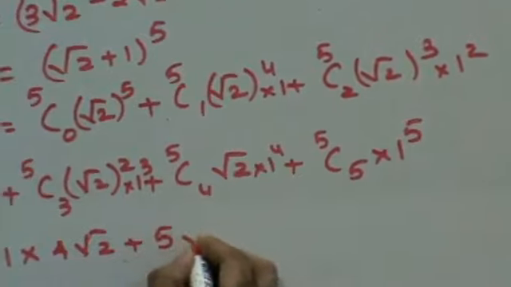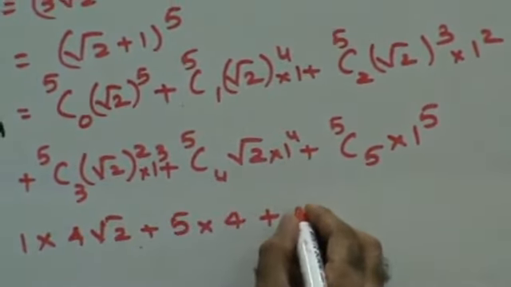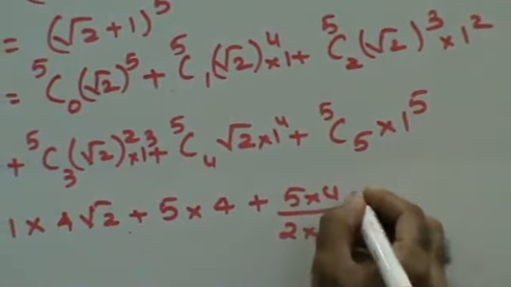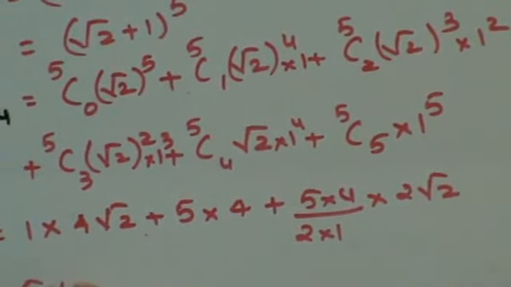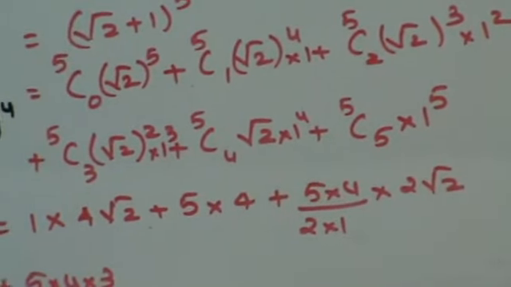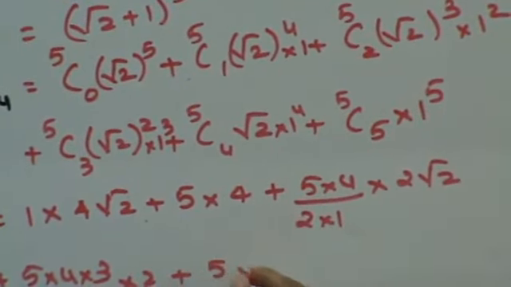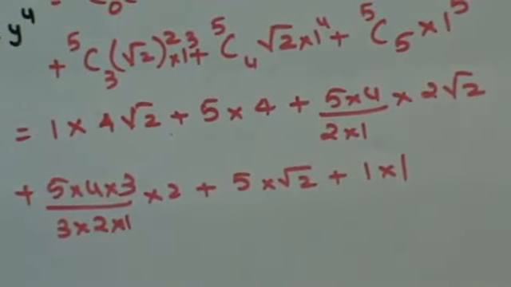C5 of 1 is 5 into 4, plus 5 into 4 upon 2 into 1 into 2 root 2, plus 5, 4, 3 upon 3, 2, 1 into 2, plus 5 into root 2 plus 1 into 1.